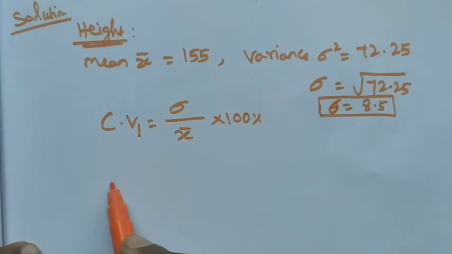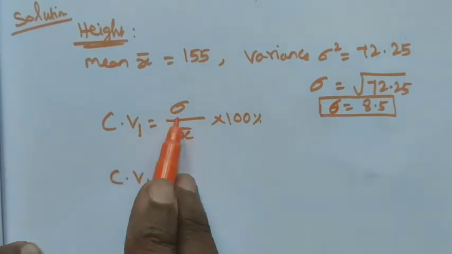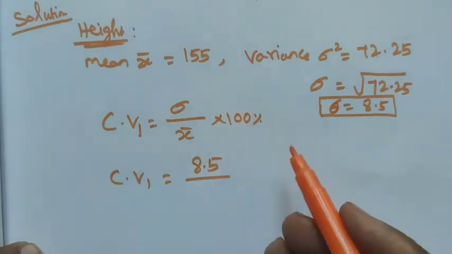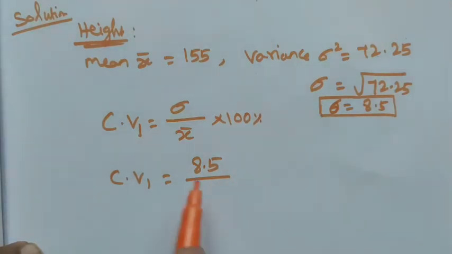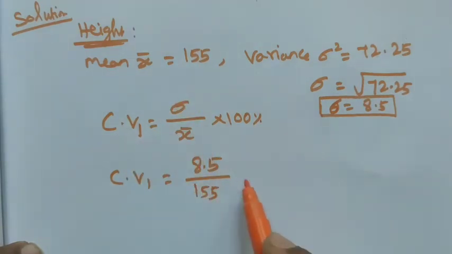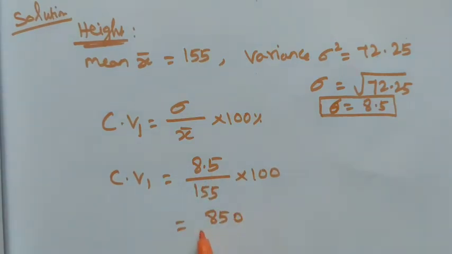Now we apply it here: coefficient of variation 1 is equal to sigma, which is 8.5, divided by x bar, which is 155, into 100. Multiplying, we get 850 divided by 155.